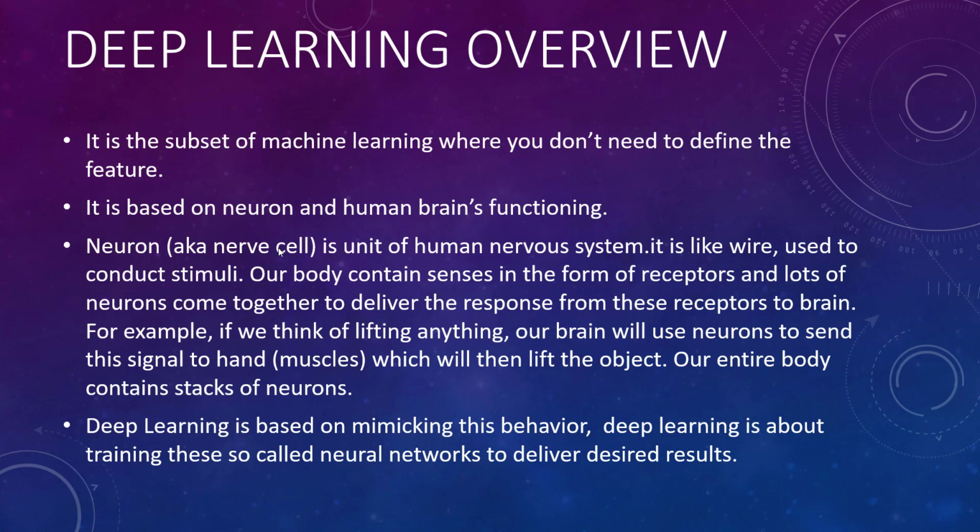That's why it is so popular in fields like image classification, where if we were to create a supervised machine learning model for image classification, it would be a very complex model because we would have to break down the entire image into pixels and their features. And we may still miss something because it's really complex and may not get desired results. But in deep learning, our models can automatically detect features and produce far better results for this particular application. Now, having said that, it doesn't mean that supervised machine learning models are not good.